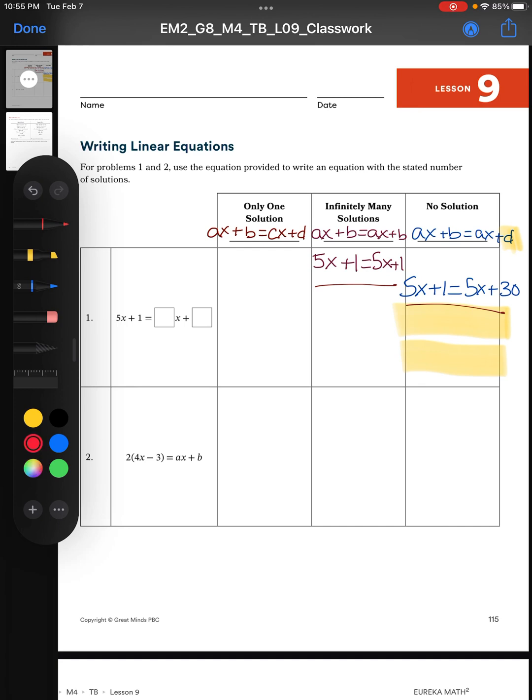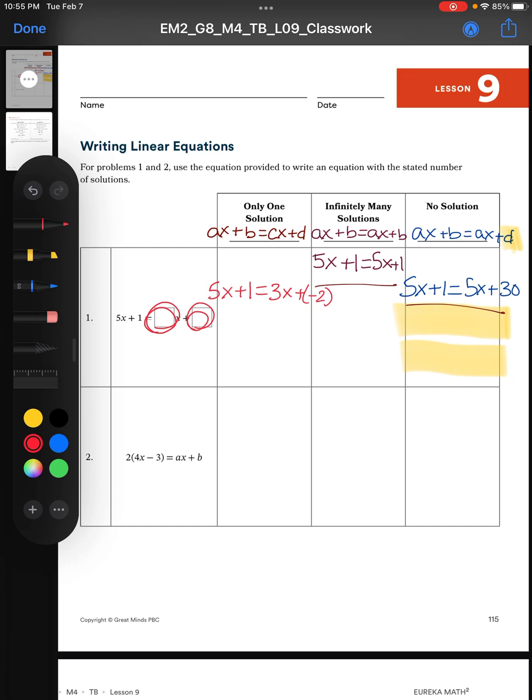An example of that: I have 5x plus 1 equals, well, I can pick any number, I can pick 3x plus, what's this? I can pick any number. I'm going to say -2.